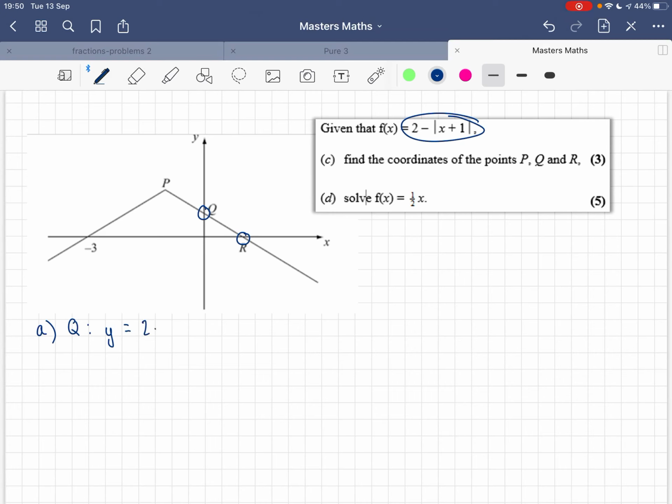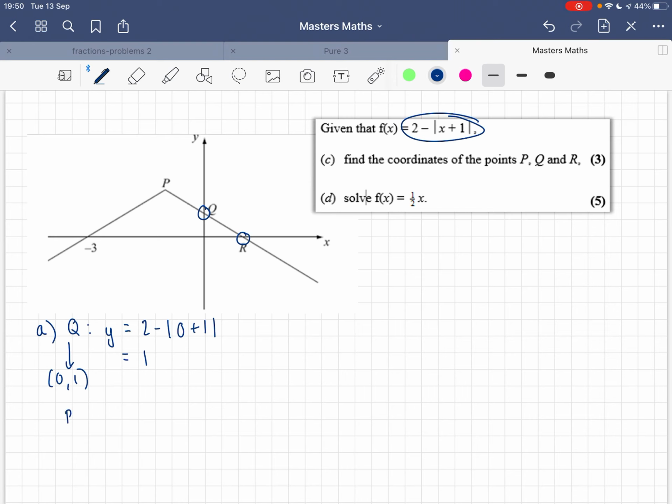So we can do 2 minus modulus x plus 1 where x is equal to 0. That gives us 2 minus 1, which is 1. So it's crossing the y-axis at 0, 1. So Q is 0, 1.